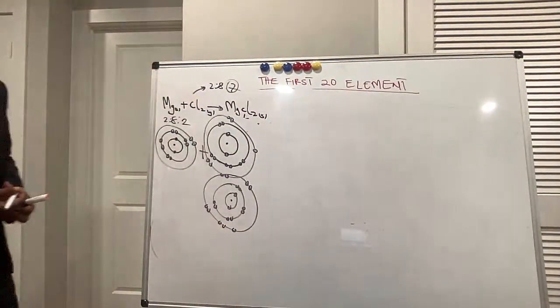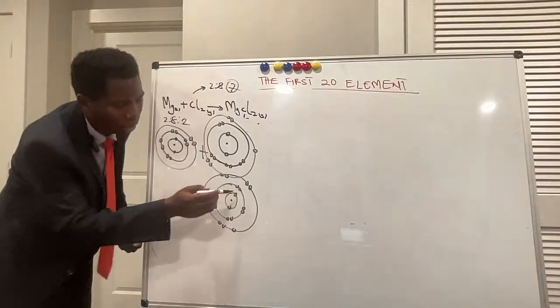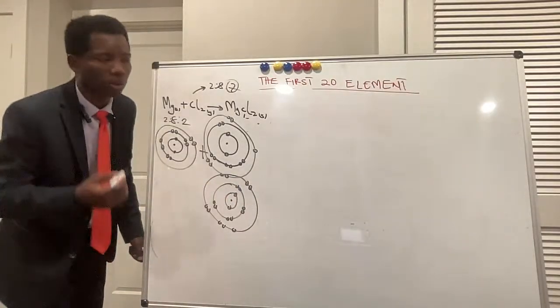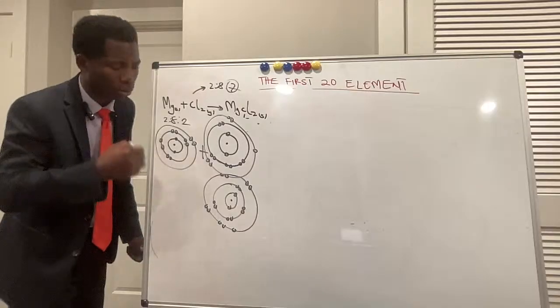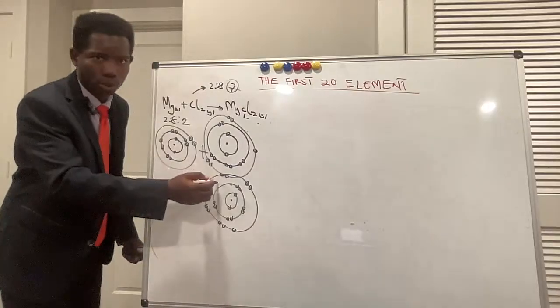Now what we need to do, let's take the outermost shell of chlorine, because it is only the electrons in the outermost shell of chlorine that will react. So we are going to take the outermost shell of chlorine, okay?